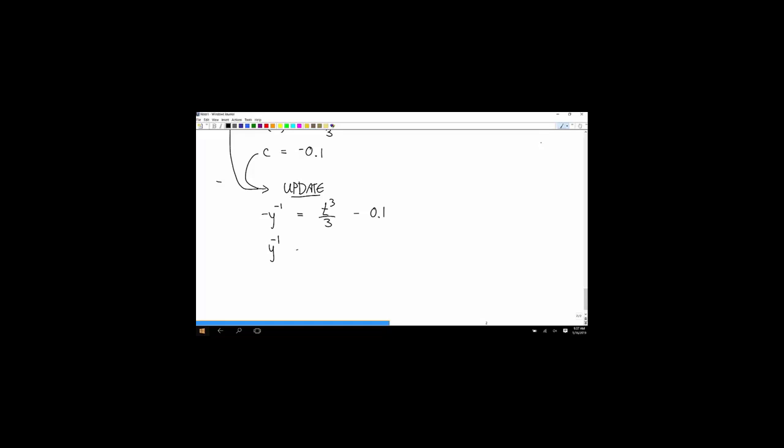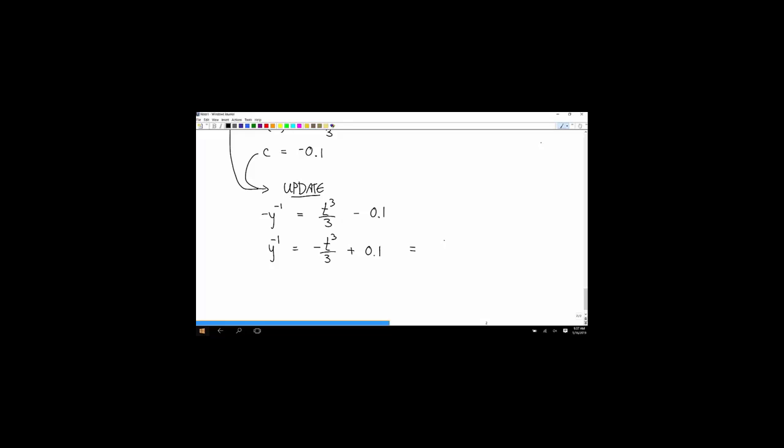So y to the negative 1 is equal to negative t cubed over 3 plus 0.1. And this is 1 over 10, 3 over 30.